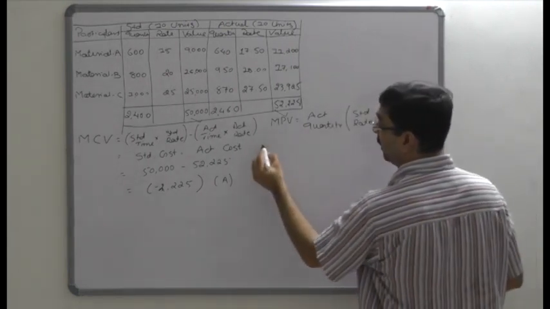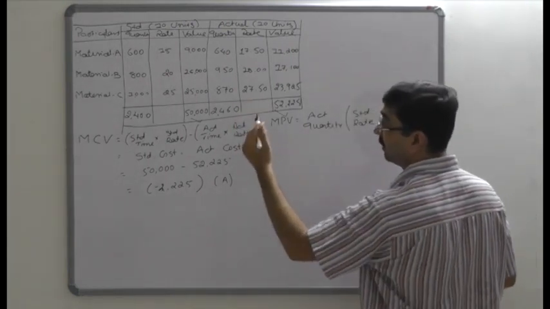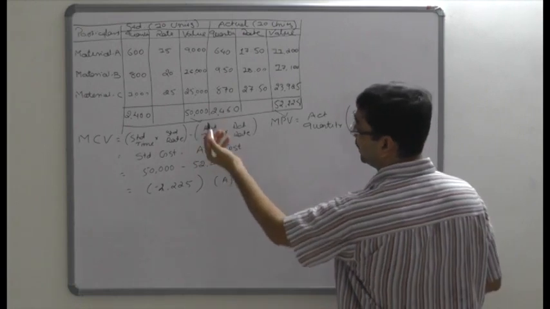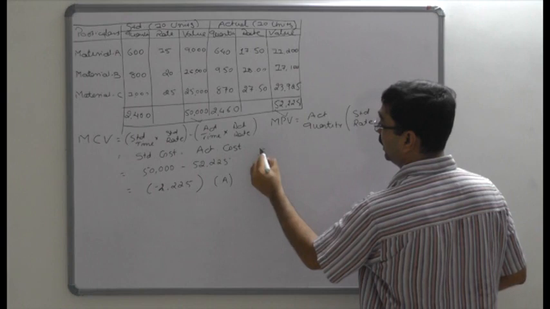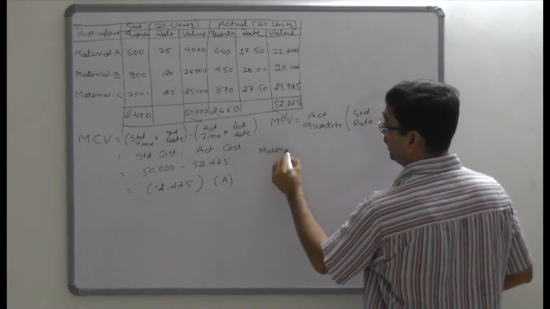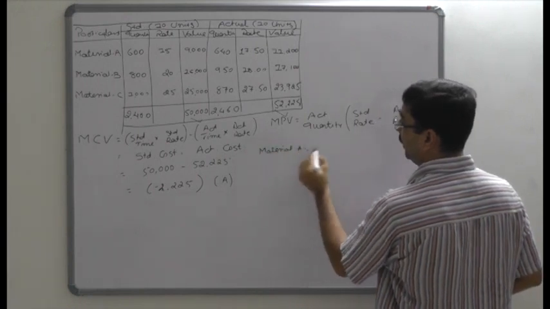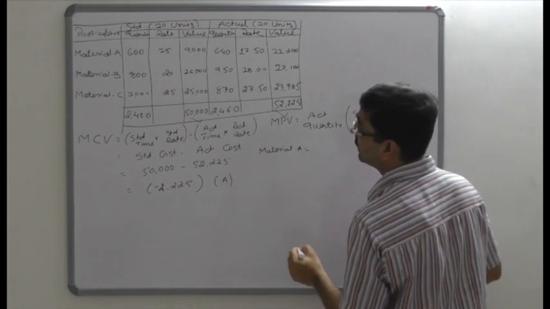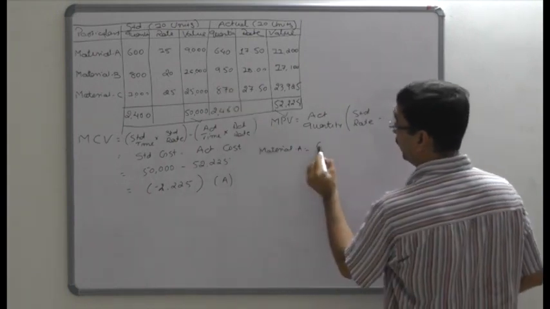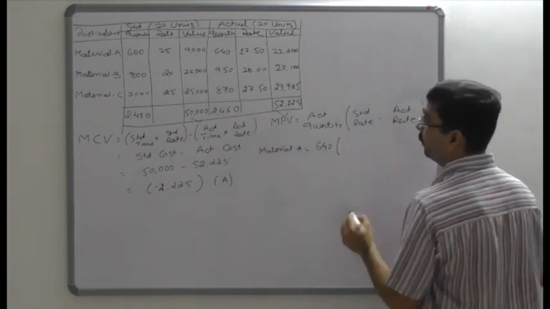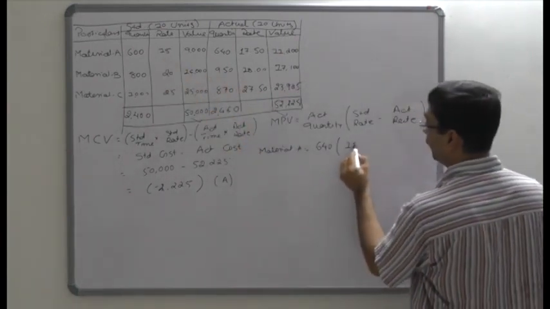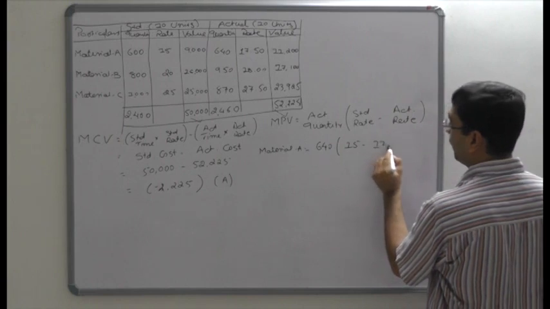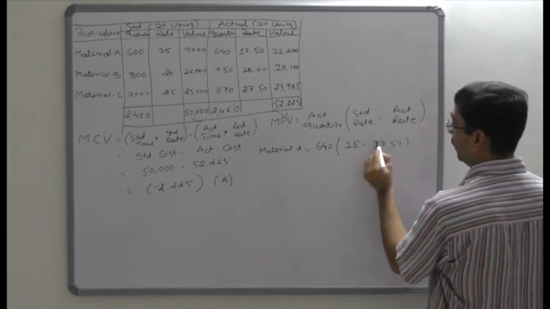This formula cannot be compared in general like the cost variances, where we incurred a total amount of cost. We need to calculate individually for materials. So material A, their actual quantity is 640 units, into bracket, material A standard rate is 15, their actual rate is 17.50.